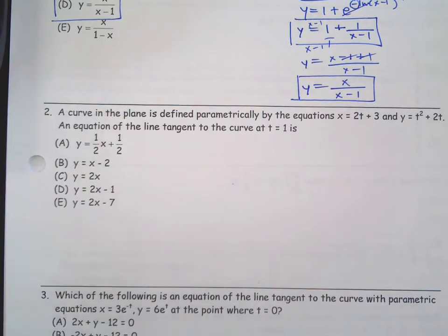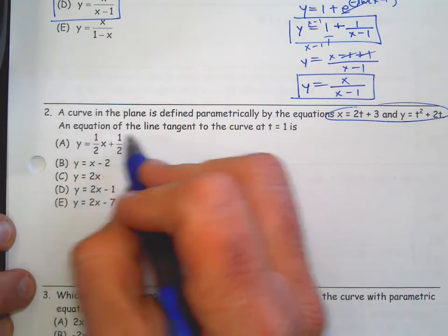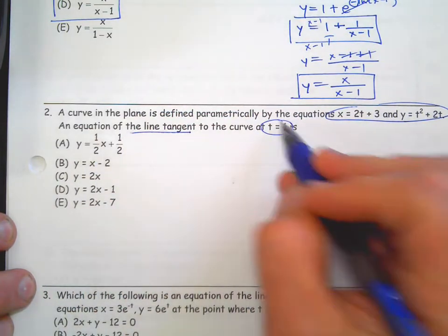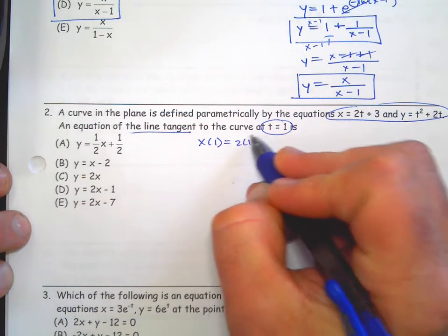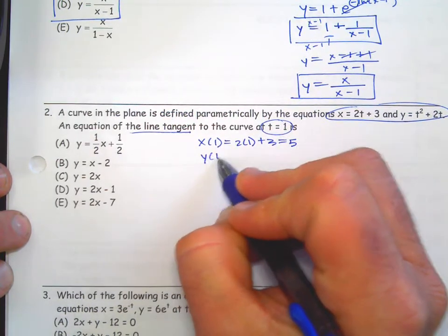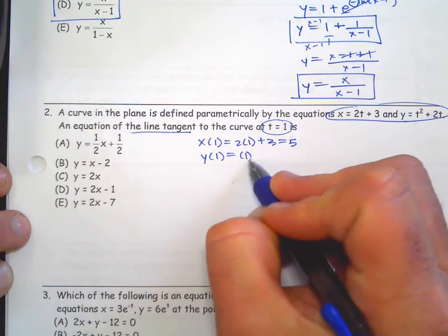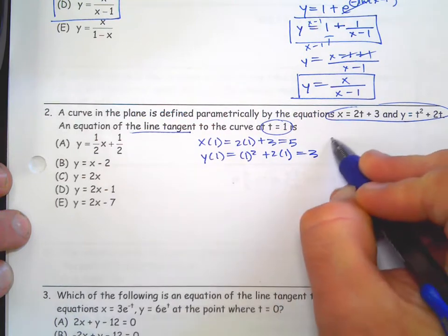Number 2, curve in the plane is defined parametrically. They're giving you the positions. Finding the equation of the tangent line at t equals 1. So we need the x and y coordinates, which are really easy to find. And so that's the point we're going to use.